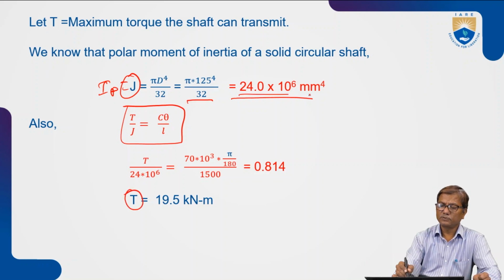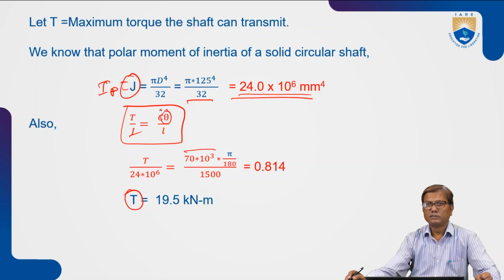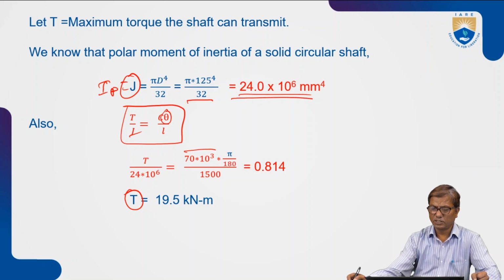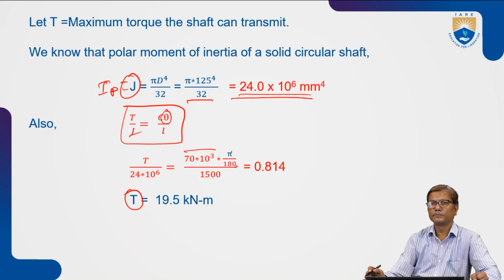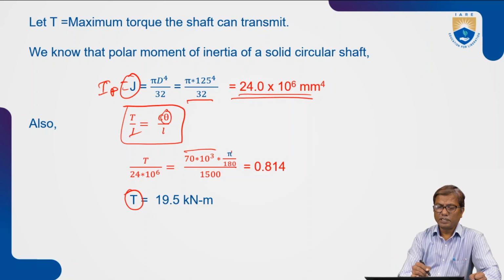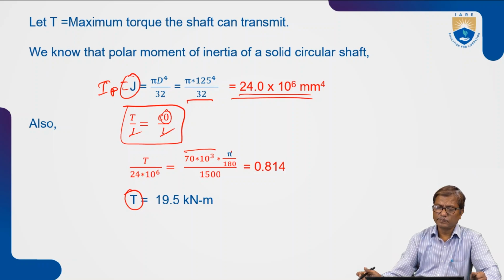J is 24 into 10 power 6, C is 70,000, and theta. What is theta? We have to substitute theta in radians, pi by 180, divided by L. Length of the shaft is 1.5 meters or 1500 mm.